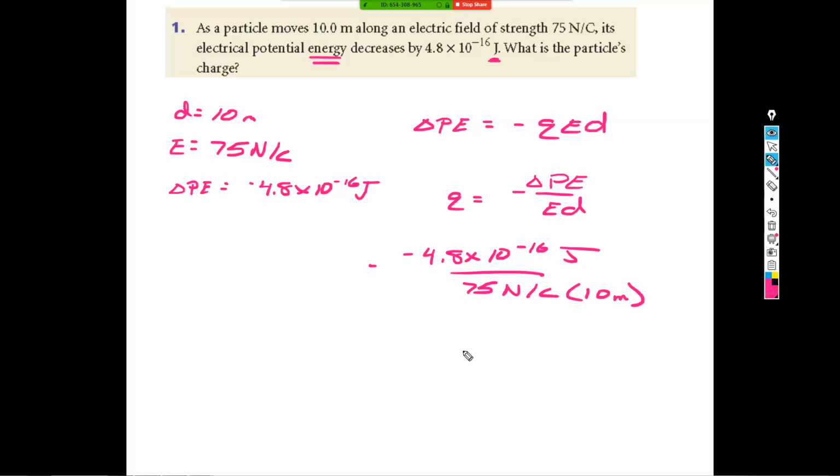Be careful with your parentheses. The charge will come out to be a positive charge, 6.4 times 10 to the negative 19th coulomb. Again, the biggest thing here is identifying that you're dealing with potential energy and which equation to use.